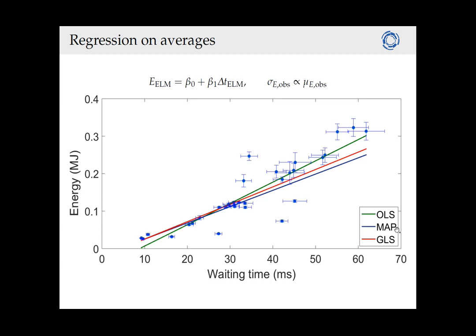Now if we use maximum a posteriori, we get this blue line, which is quite different. The slope is quite a bit lower than what you get in ordinary least squares. Maximum a posteriori takes into account the heteroskedasticity, the fact that the error bars are different from one measurement to another, and here we have taken them to be proportional to the average measurements.